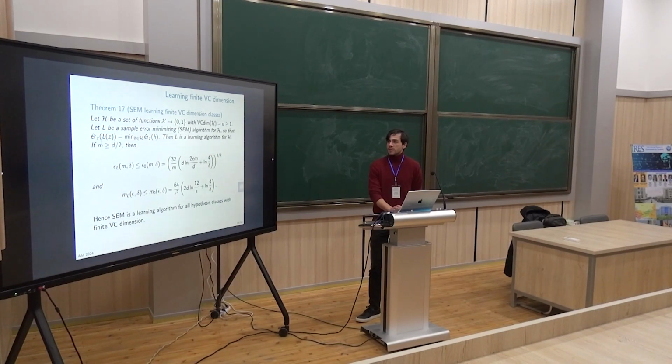Concretely, we can say that if we have M, the number of samples, larger than D over epsilon, then the following is valid. So maybe we can look here at the second line.